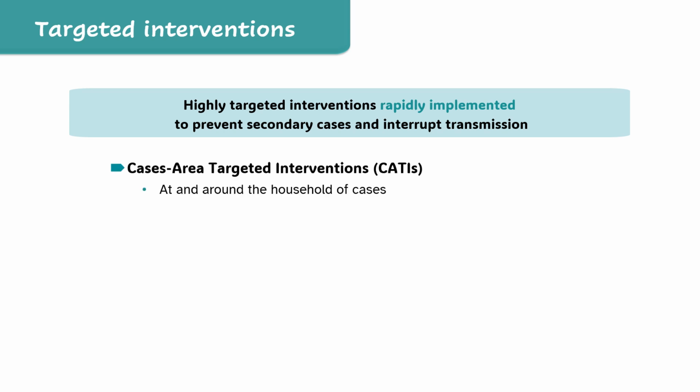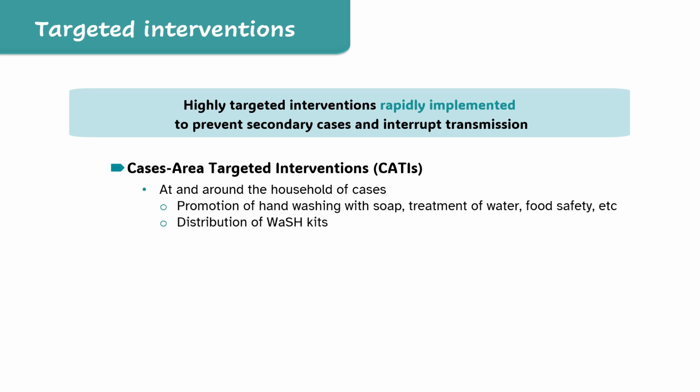Interventions may include case-area targeted interventions, CATI, at and around the household of cases. For example, this may include raising awareness on how cholera spreads and promoting hand washing with soap, treatment of water, and food safety. WASH kits can also be distributed as needed.